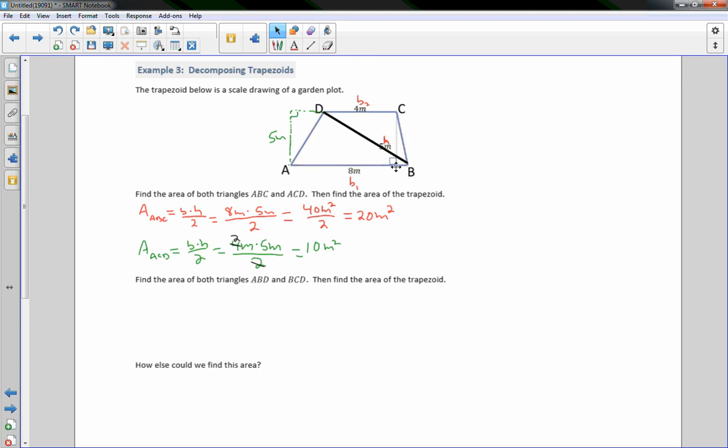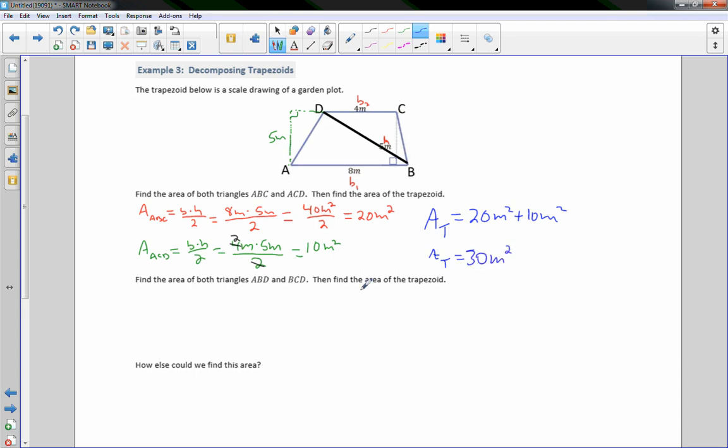Well, that is going to be a base of 8 and a height of 5, so it's equivalent to these up here. And so we're going to get 20 meters plus 10 meters, and it says find the area of the trapezoid. I hadn't finished the last problem, so let's go back to there. Okay, and the area of the trapezoid equals 20 meters squared plus 10 meters squared. So therefore the area of this trapezoid equals 30 meters squared.